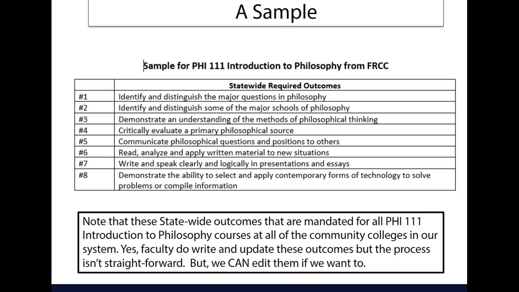This is a sample from a colleague who teaches at Larimer campus, Front Range Community College, and she went through all of hers, the state mandated ones, the college mandated ones, her own values, and she came up with these. So these were the statewide ones.